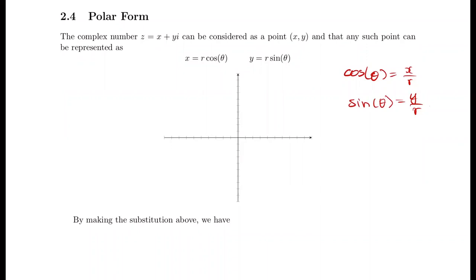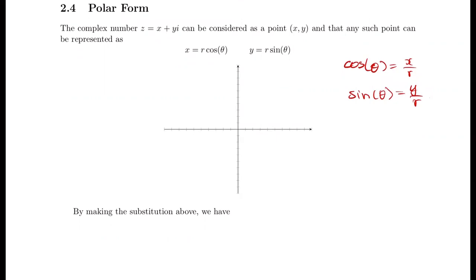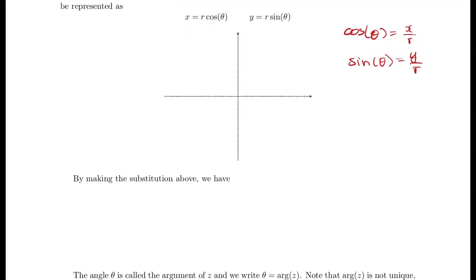So for example, if we substitute in the r, we could see that we have z is equal to r cos theta plus i sine theta.